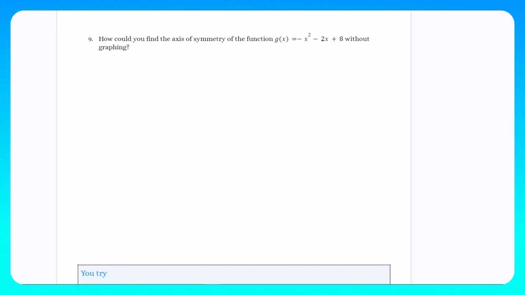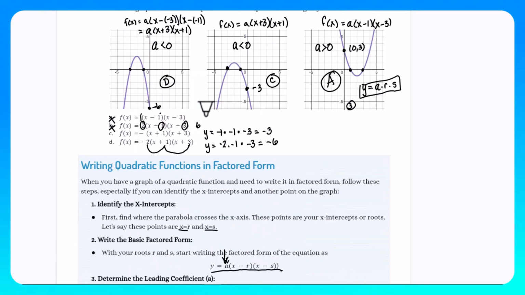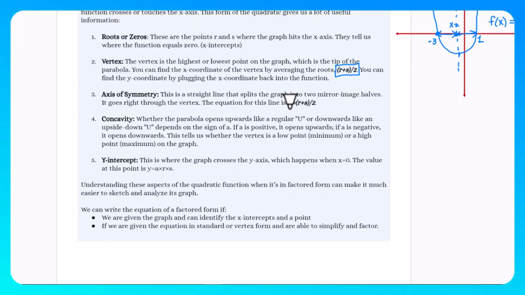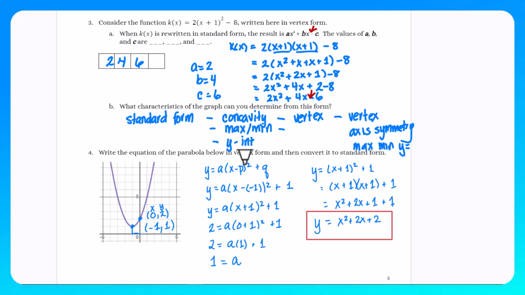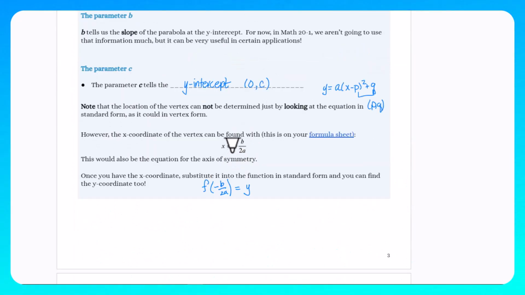So how could we find the axis of symmetry of the function without graphing? Well, looking way up, we can either, if it's in factored form, use x equals r plus s over 2, or looking even further up, we can use this if it's in standard form.